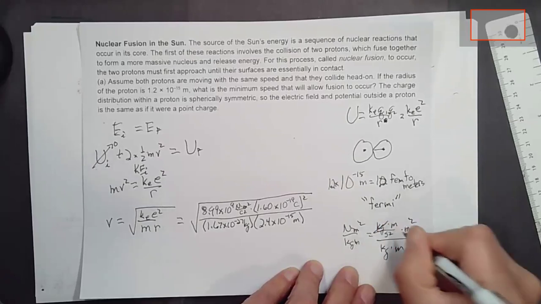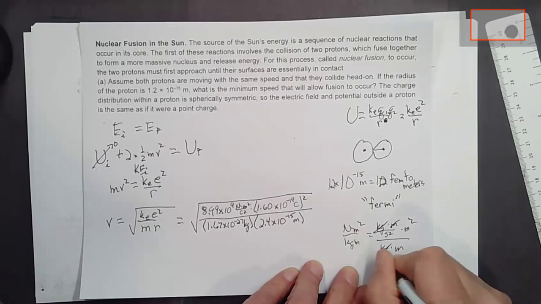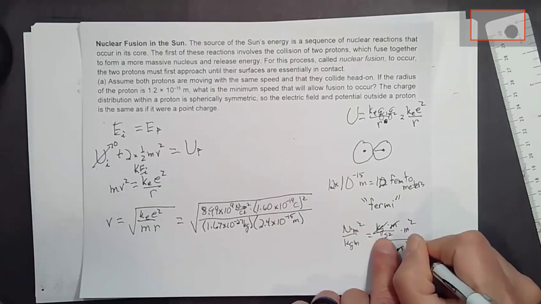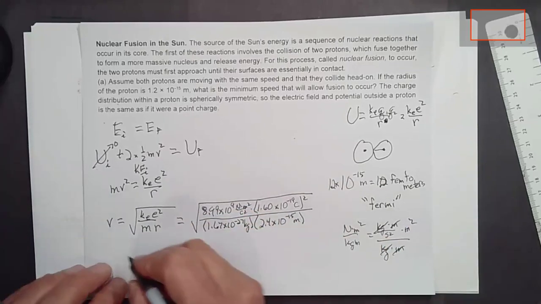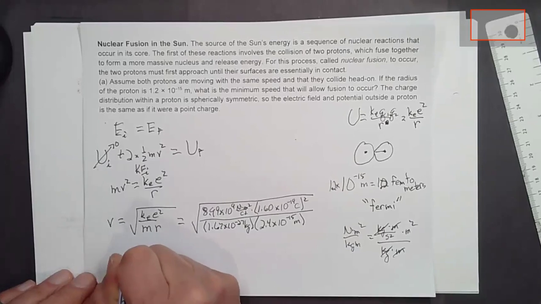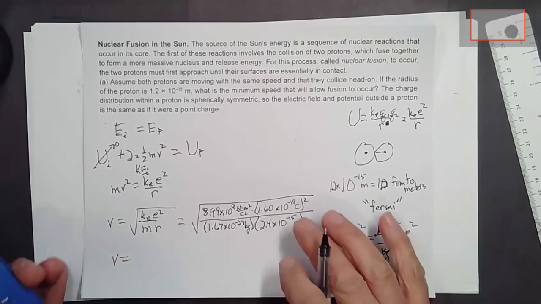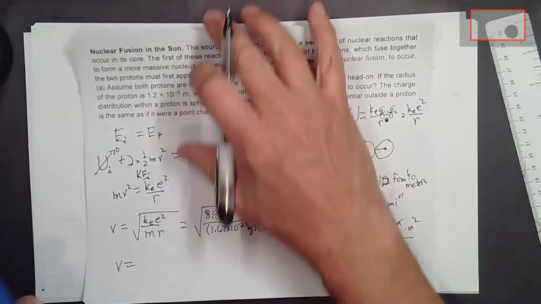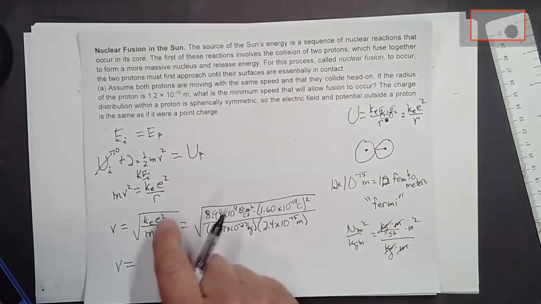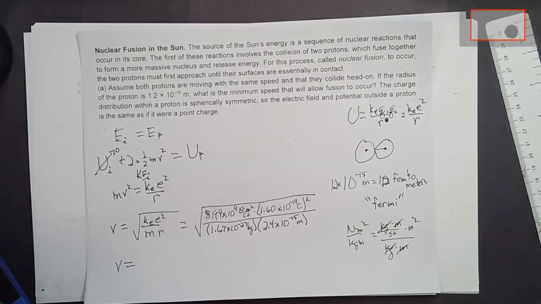Oh, okay. Those will divide with those, and I'll have meters squared per second squared, but I'm taking a square root, so I get meters per second. It's always a relief when I've convinced myself that the units are correct, so I didn't screw up that part at least. I've got the right ratios. Anyway.